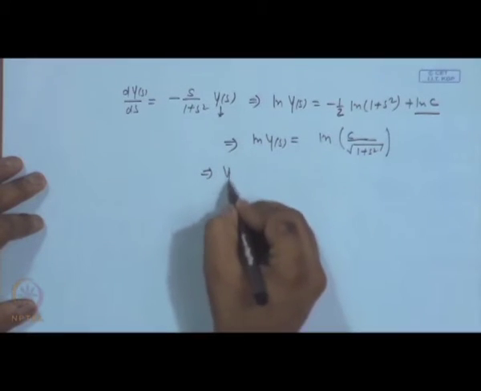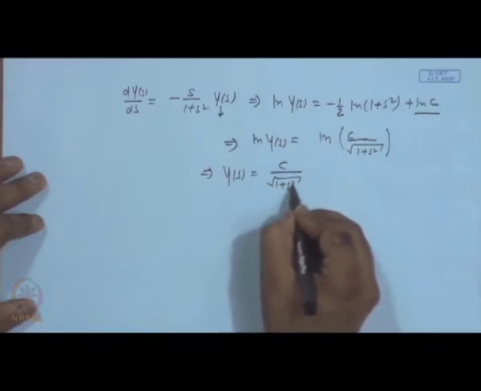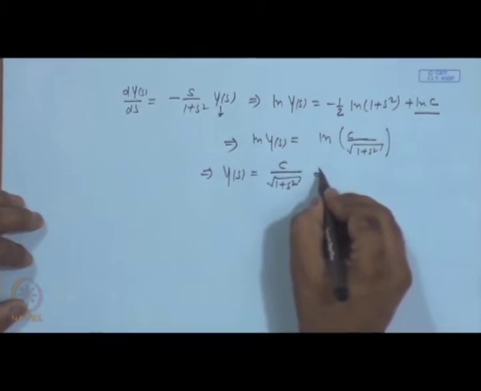So, in this way we get Y(s), this is c over the square root of 1 plus s squared.